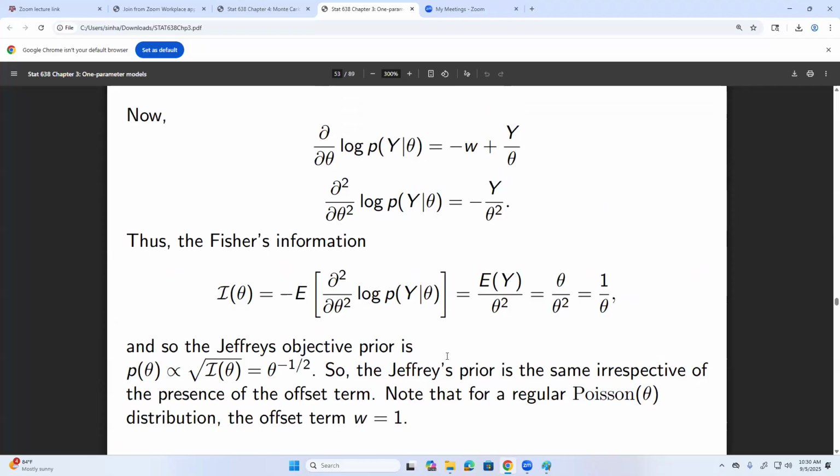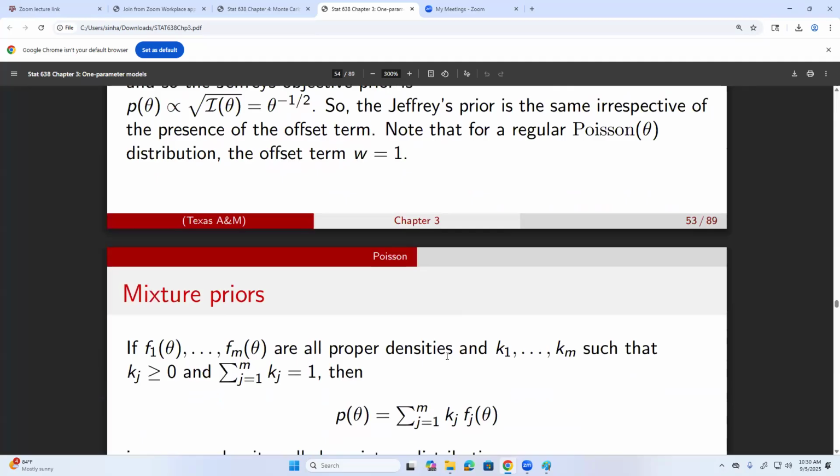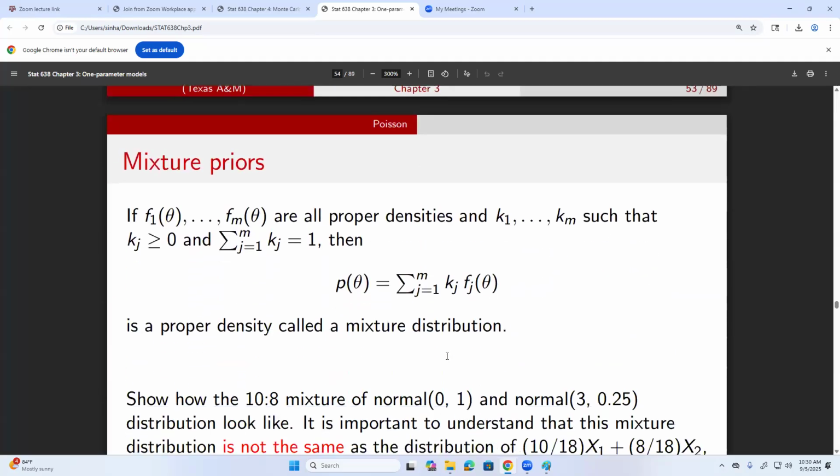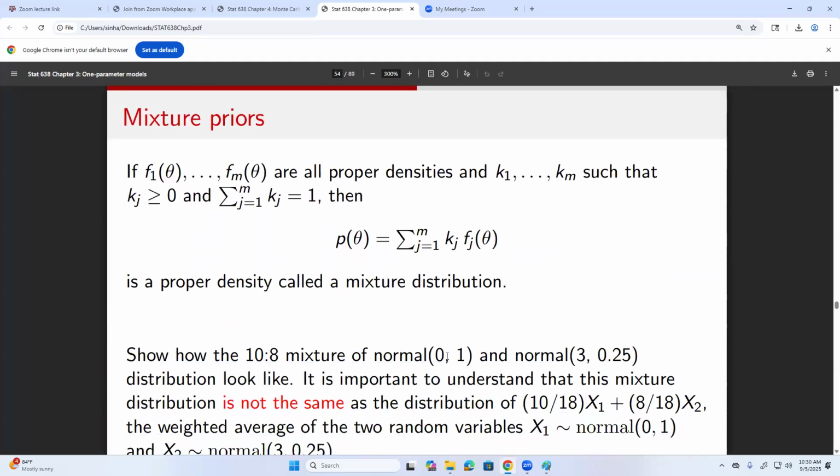Now, one other type of prior is the mixture prior. If f1 theta, f2 theta, up to fm theta are all proper densities and k1, k2, up to km are such that they are all greater than or equal to 0 and their total is 1, we can think of the k's as weights.